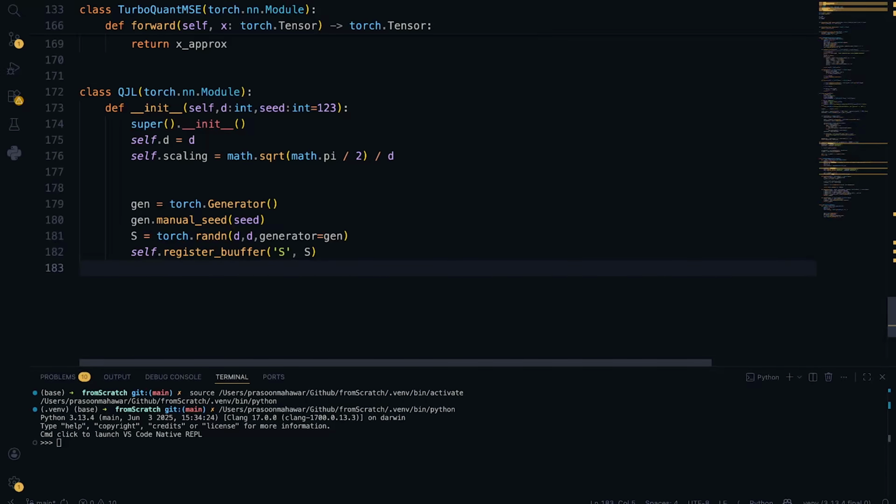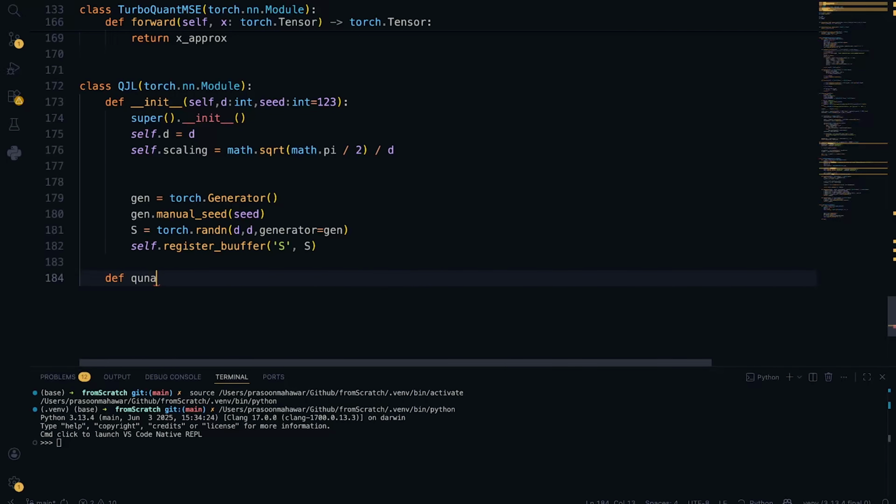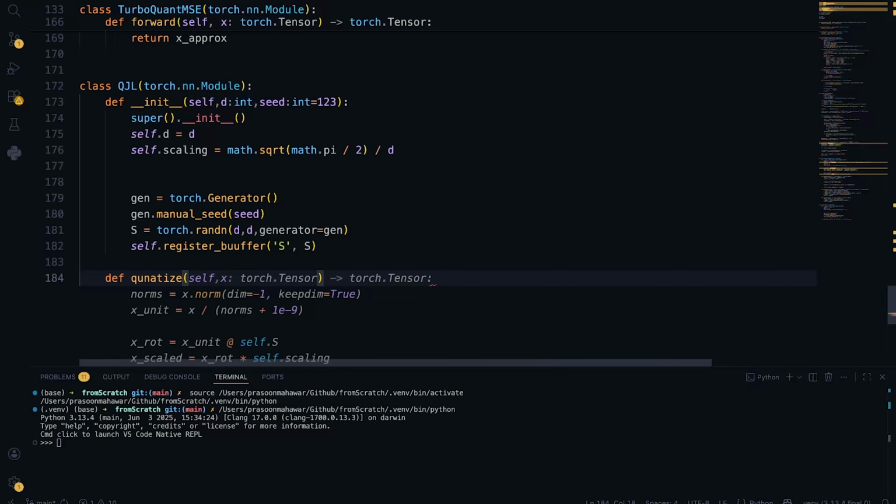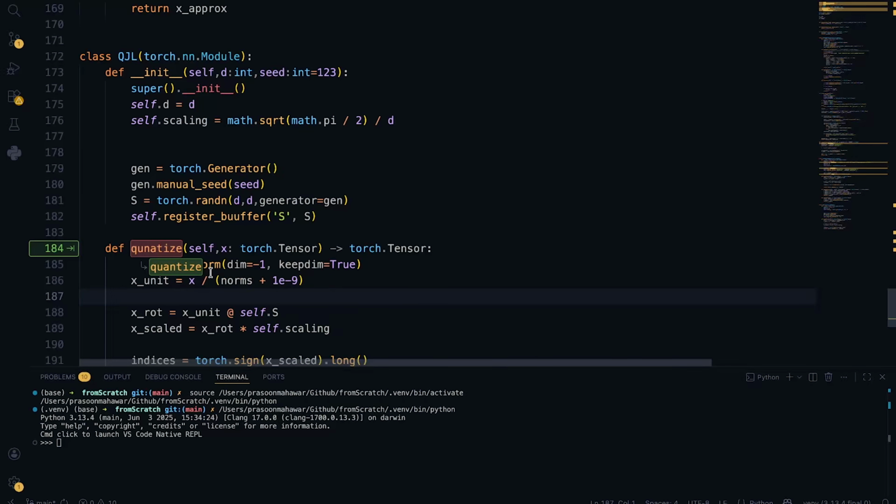And the first method that we will use is again quantize. This will have self and x as a torch tensor as its parameter, and will return a torch tensor.